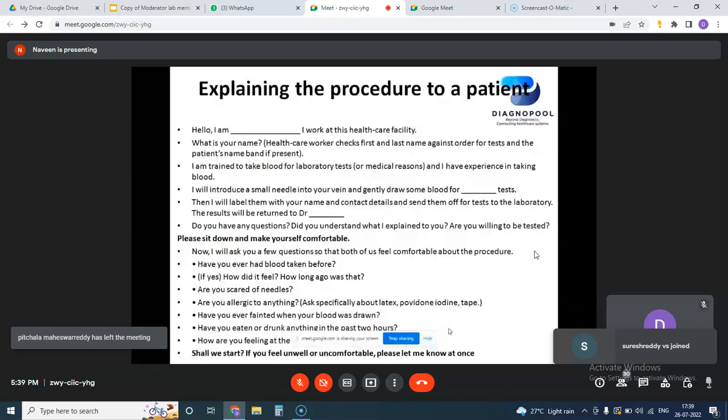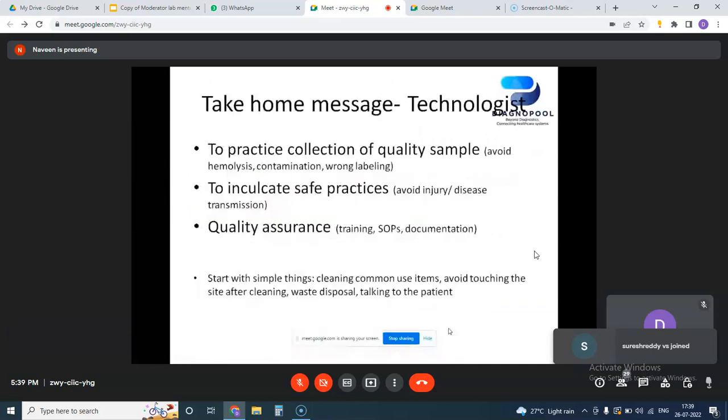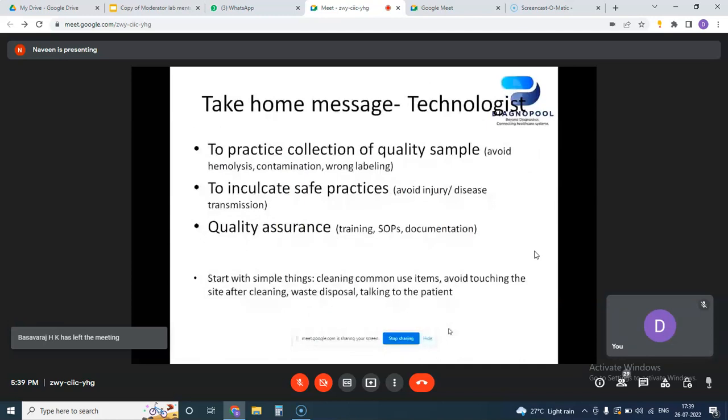So that's about phlebotomy. The take-home message for our technologists: remember to practice collection of a quality sample. What I mean by quality sample, you understood, is that it should not have hemolysis.